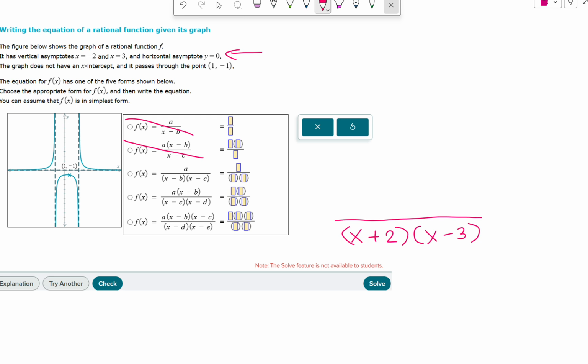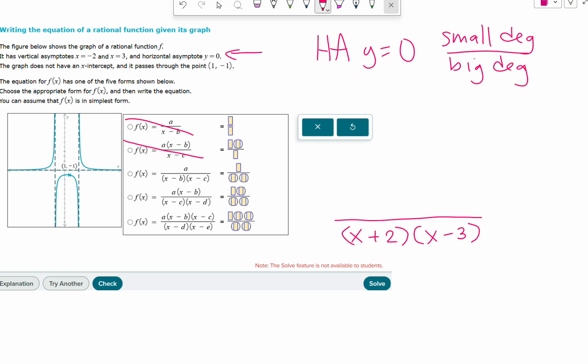And then I have my horizontal asymptote y equals 0. For the horizontal asymptote to be y equals 0, that means that I have a smaller degree on the top than on the bottom for my horizontal asymptote to be equal to 0. So my degree on the bottom, I just found out, is 2, right?